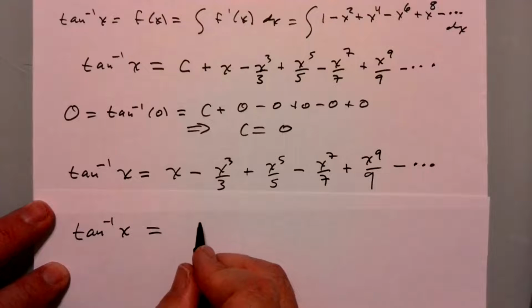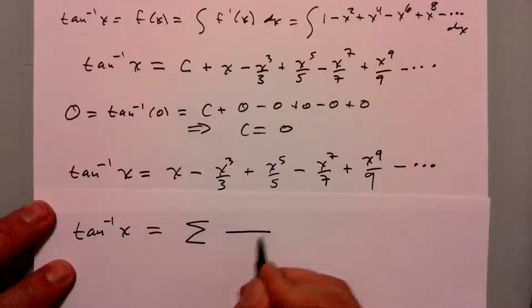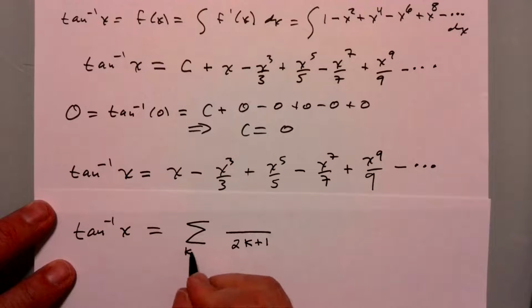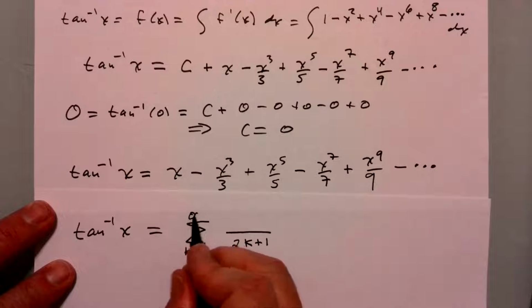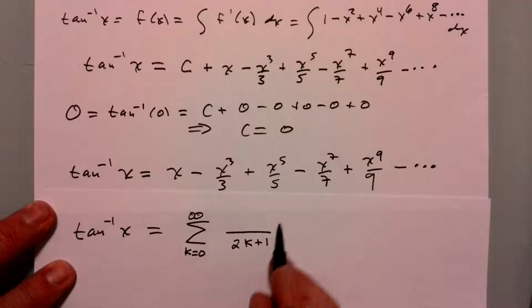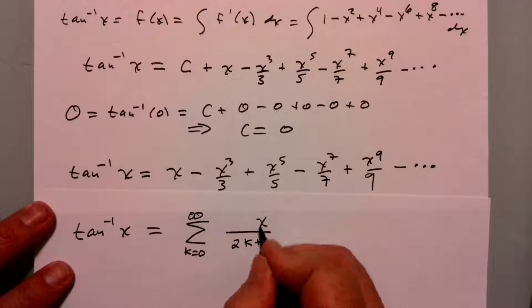Let's see if I can do it. Some odd numbers tend to be 2k plus 1. And I have to start at 0 if that's the case. So 2 times 0 plus 1 is 1, 2 times 1 plus 1 is 3, 2 times 2 plus 1 is 5, 2 times 3 plus 1 is 7, etc. Upstairs, my x is also raised to that 2k plus 1 power.